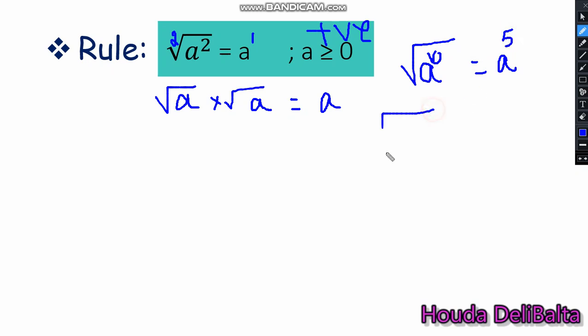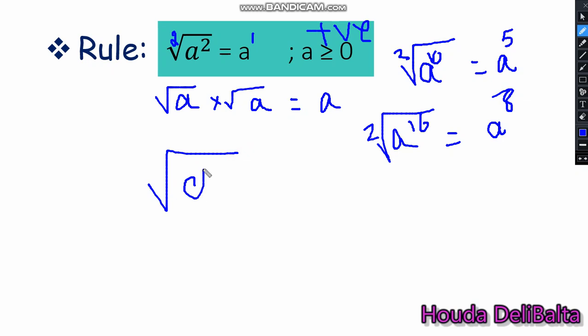If you have radical a to the power 16, then the answer is a to the power 8. So every time I imagine an index 2 outside and divide the power by this index to get the final power.